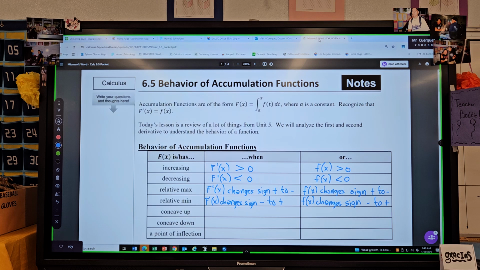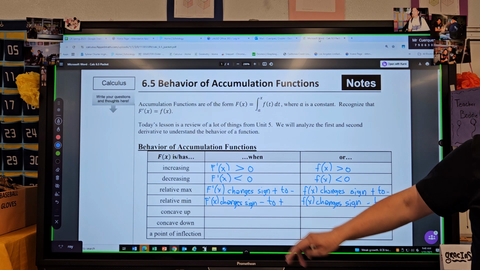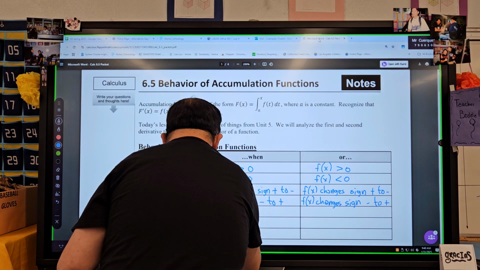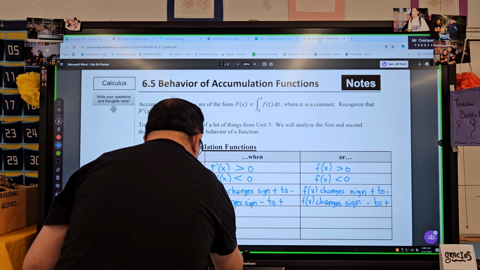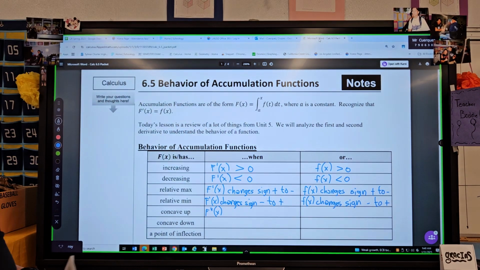When can we say it's concave up? Can you still recall concavity? Concave up if f double prime, right? So concavity refers to the second derivative. So f double prime is greater than 0.